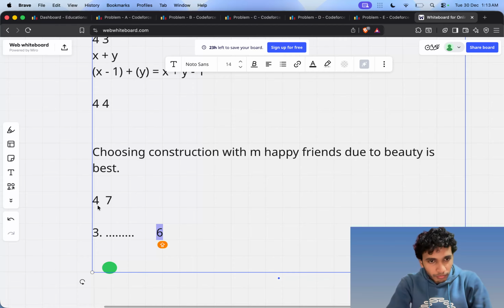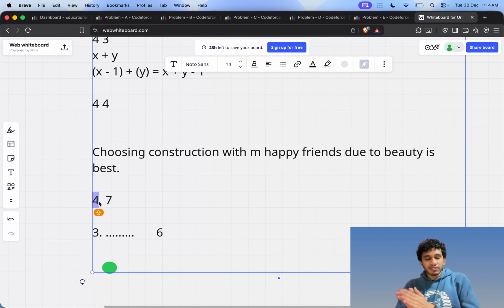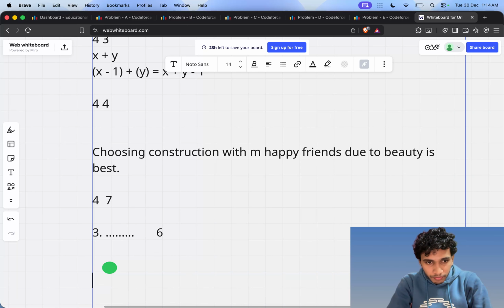So we will want to have wasted our minimum number of beauty at every step. So how can we do this?